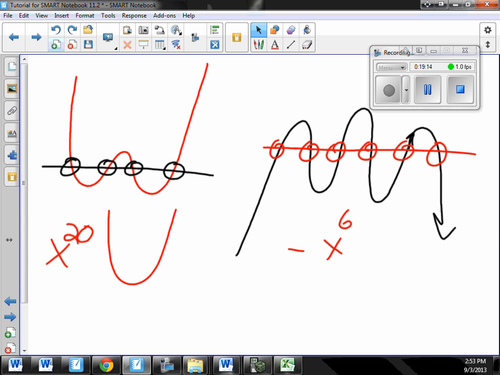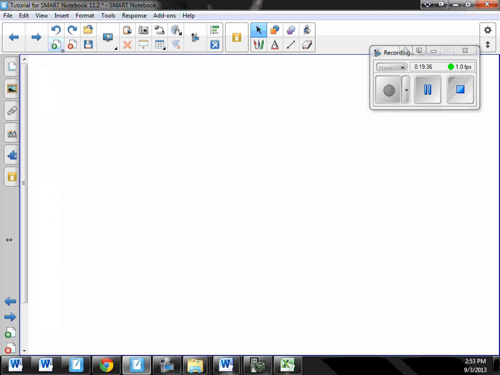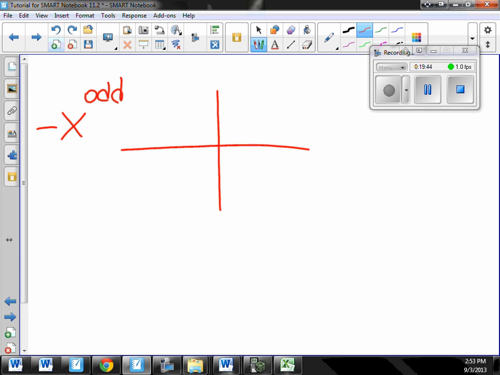So you should be able to finish the rest of that worksheet in class. Look at the very end, look at that chart. If the degree is odd and the leading coefficient is negative, what do we know about the graph? So if it's x to an odd power and it's negative, I know it's going to go in this direction and in that direction.